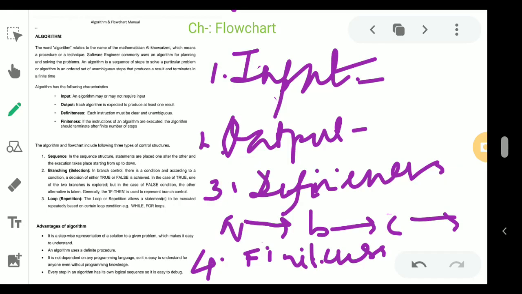It cannot happen that you are finding a solution to a problem, you keep moving step by step, and after 100 steps you are not getting it, after 200 steps you are not getting it. It is not like that. If it is an algorithm, then after a certain number of steps you must get a solution. Okay, so these are the characteristics of an algorithm.